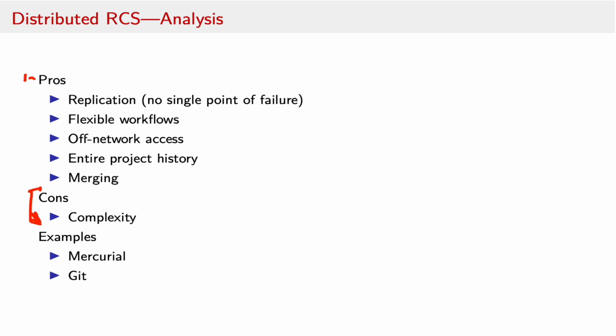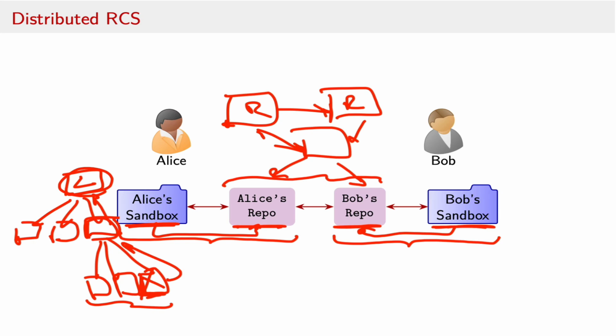So on the pro side, the first thing is, because we have multiple copies of the repository itself, you end up with kind of built-in replication of the source code. In other words, there's no single point of failure like there was with the centralized system. In fact, these different repositories each have a complete copy of the entire code base as of the last time you synchronized that repository with any other changes made by different developers.